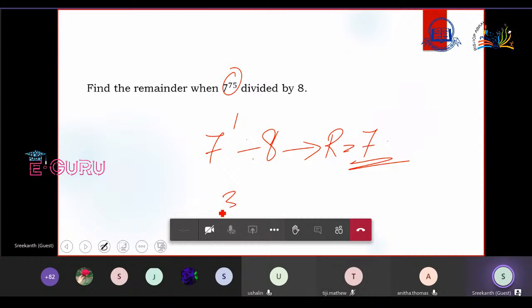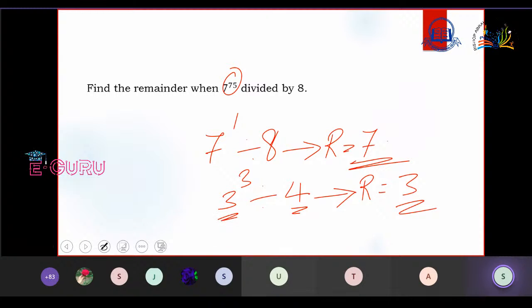Let's do 3 cube divided by 4. 3 cube is 27, and the next number is 4. So 27 divided by 4, our remainder will be 3, right? 4 into 6 is 24 and the remainder is 3.